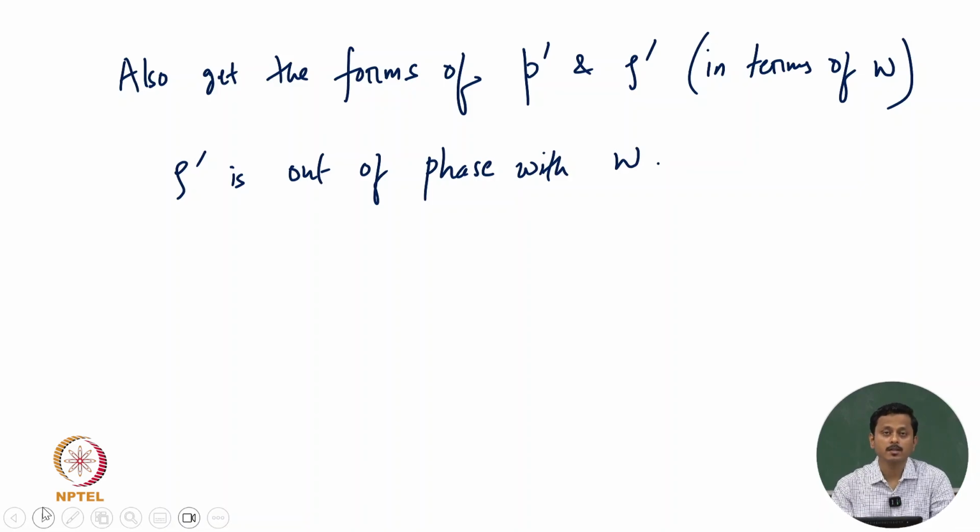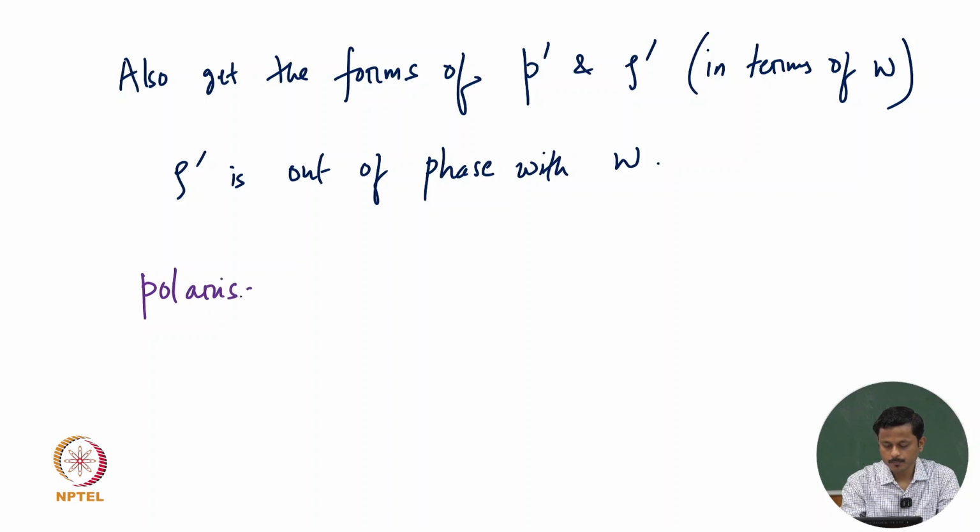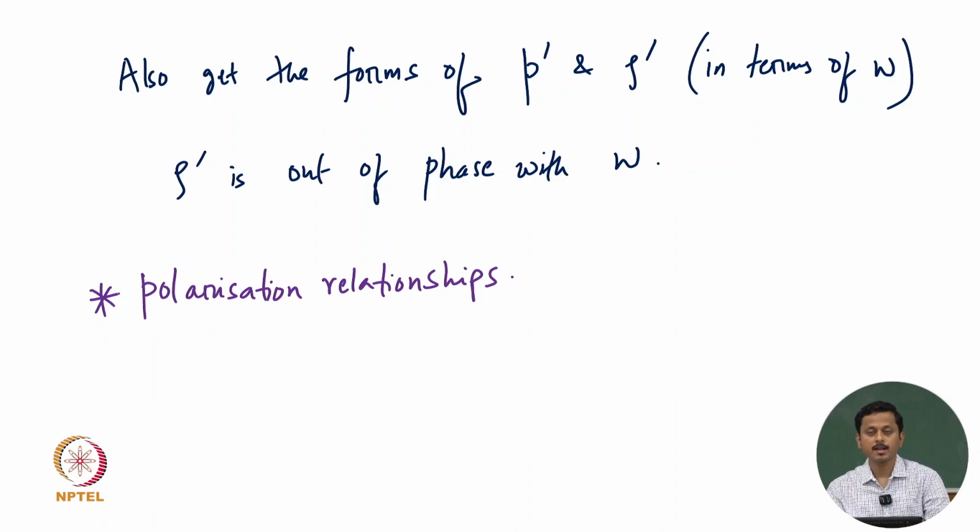In wave mechanics, such algebraic relationships between amplitudes and phase of different physical variables are called polarization relationships. These are relationships between different variables governing the wave dynamics. Getting the relationships of p prime and rho prime is left as an exercise.